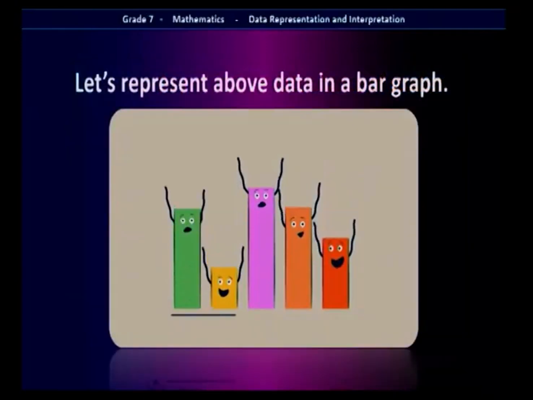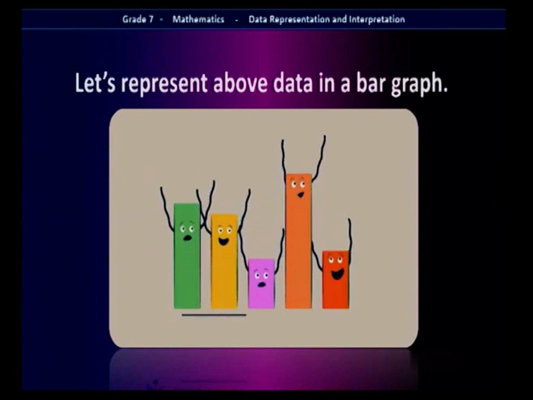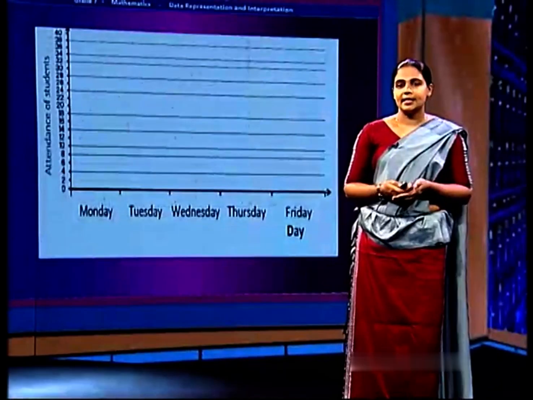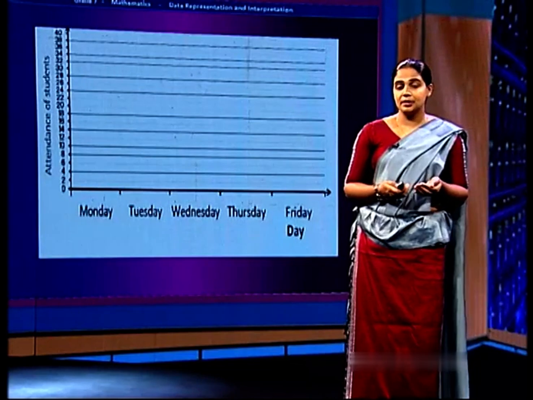Then let's represent the above data in a bar graph. First of all, we should identify two axes. Dear students, here I used one axis for the day: Monday, Tuesday, Wednesday, Thursday and Friday. Then what about the other line? Attendance of students.